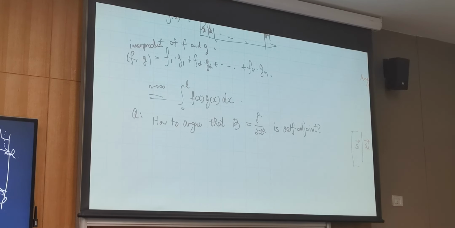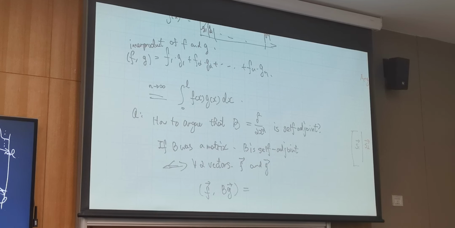Well, if B was a matrix, what do we do? If B was a matrix, then B being self-adjoint is equivalent to saying that for any two vectors f and g, the inner product between f and Bg, which is exactly f transpose multiplied by Bg, because B exactly equals its transpose.